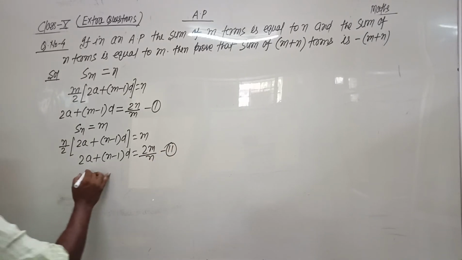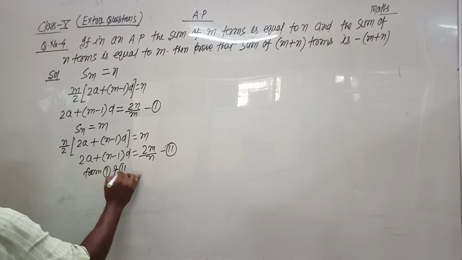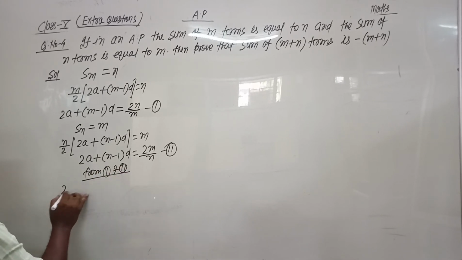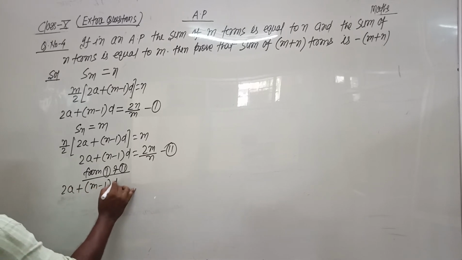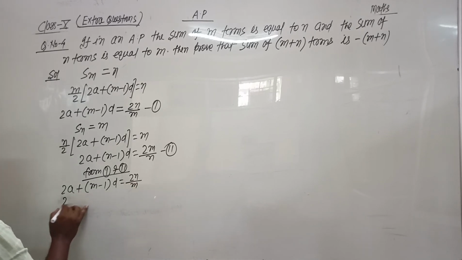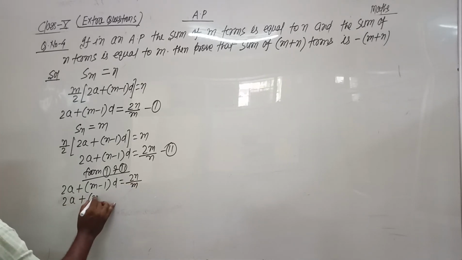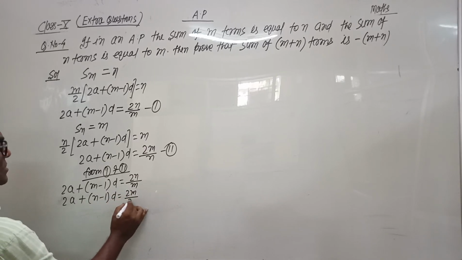From first and second, we solve these two equations. So 2a plus (m minus 1)d equals 2n by m, and 2a plus (n minus 1)d equals 2m by n.